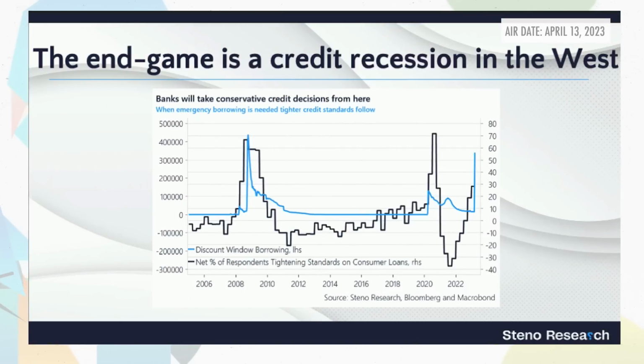One way of showing it is that there is a clear correlation between the amount of emergency lending and the tightness of credit standards in commercial banks. So we've seen emergency lending from the Fed to banks, and typically what happens on the back of that is that banks tighten their credit standards. So it's basically not as easy to get a loan as it was 2 weeks ago or 4 weeks ago.